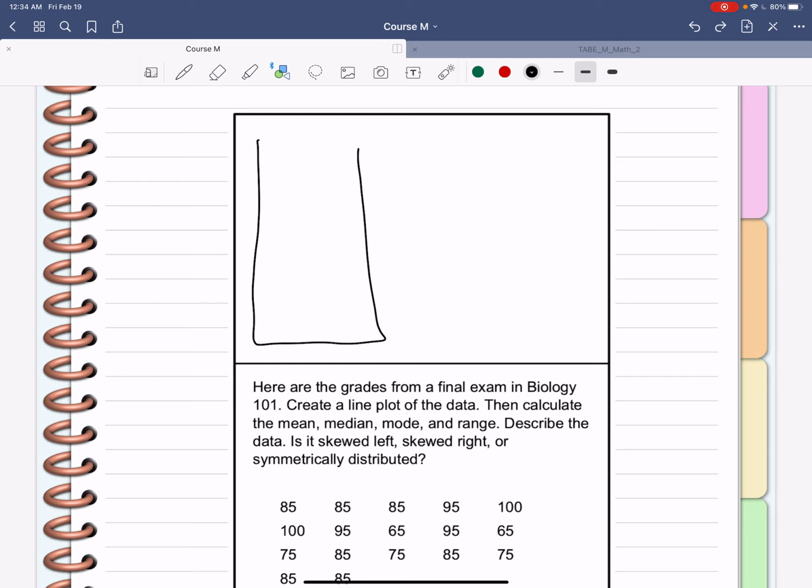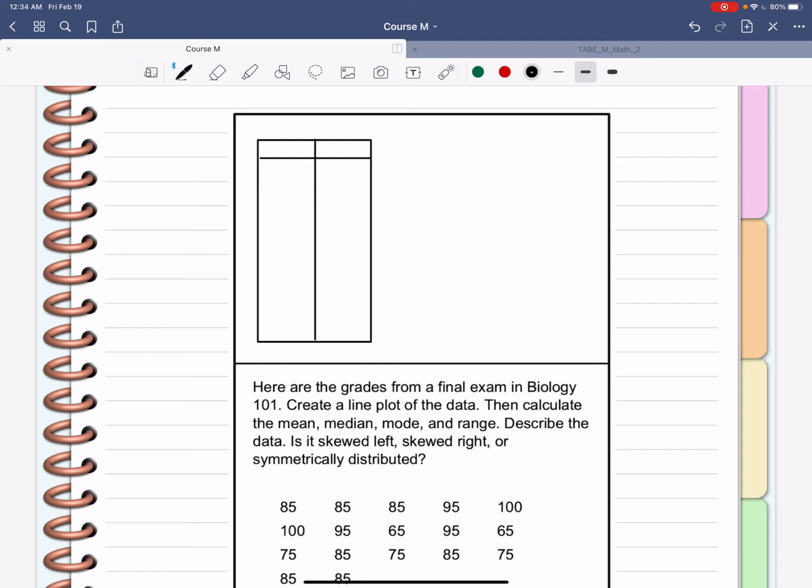So build yourself a table here. We're going to give it a header. We're going to call this grades. And then, of course, this side is the frequency. How often did that particular grade occur?